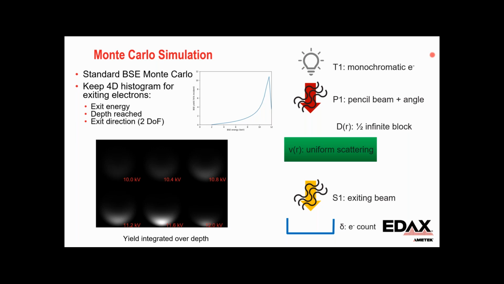And so what we do for our model here is you assume a monochromatic source, a perfect zero width pencil beam coming in, and then an infinitely thick sample, and then you count all of the electrons that come out from that sample with stochastic scattering and say what was the deepest that they made it into the sample, and what's the direction that they left the sample, and then you just count them all perfectly.